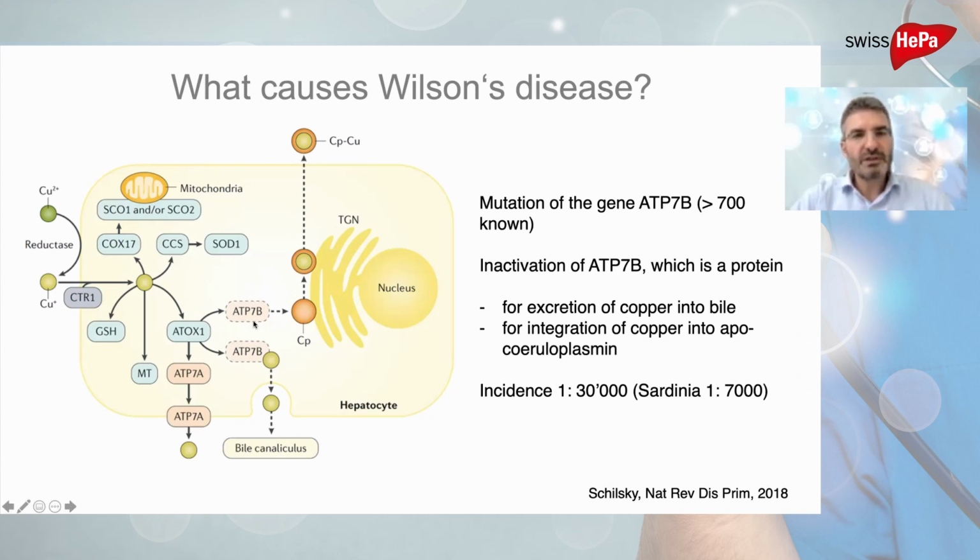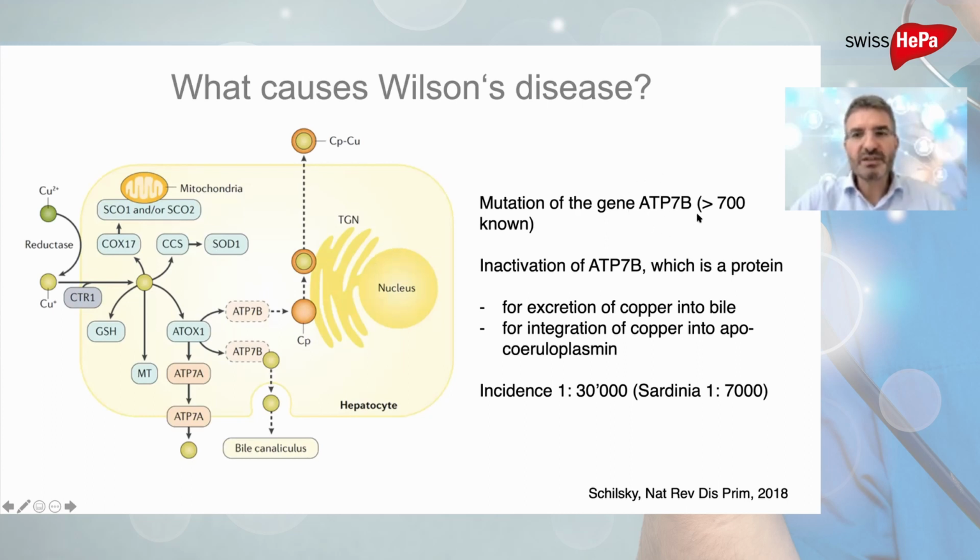But this protein is also responsible for the integration of copper into ceruloplasmin, here in the upper part of the slide. And ceruloplasmin is necessary for the transport of copper.